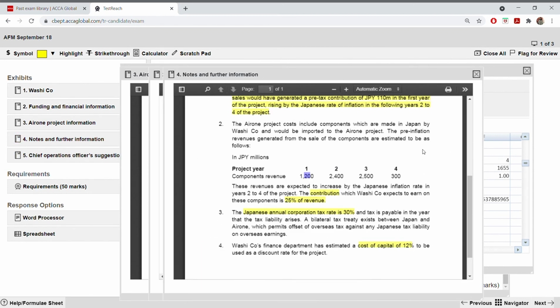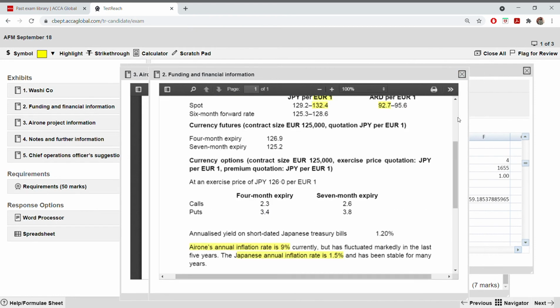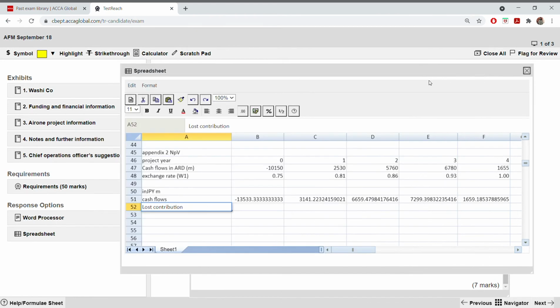So 110 in the first year, you don't inflate it, you put it as it is, minus 110. From next year onwards you have to increase it by 1.5%. So once you do it, it will be this multiplied by 1.015.